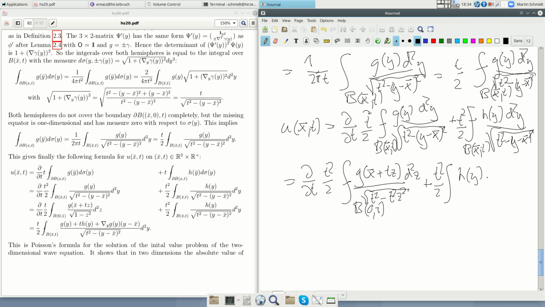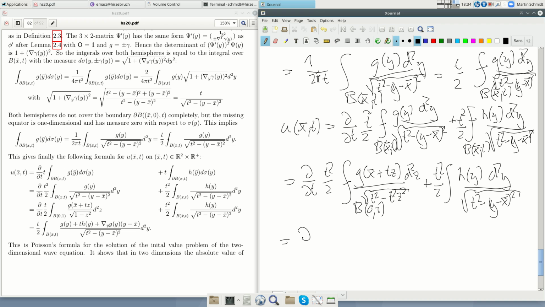So here h of y, d square y, square root of t square minus y minus x bar square. Now here we have an additional t, and t is positive, so we can put it out of the square root and cancel it with this term.